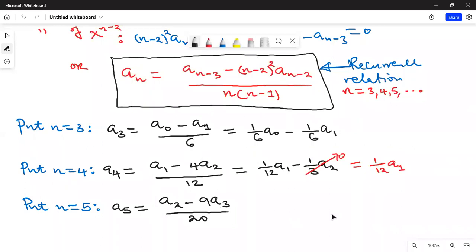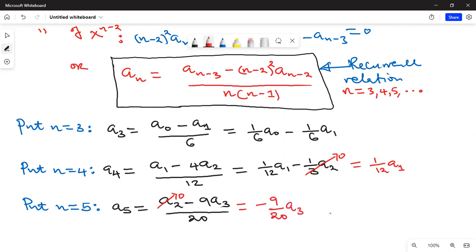But remember, a2 is 0, so it's better I cancel this to be 0. So I simply have negative 9 over 20 a3.